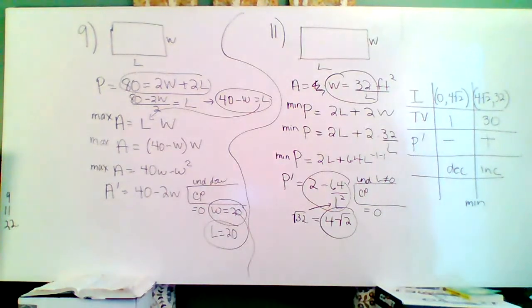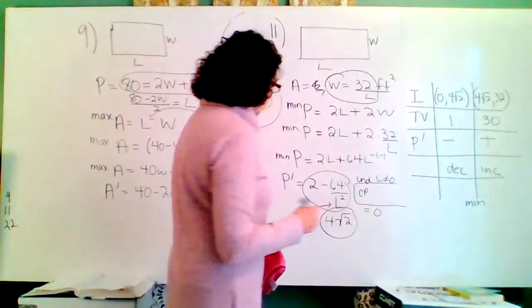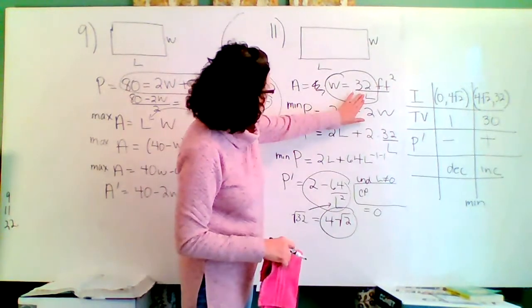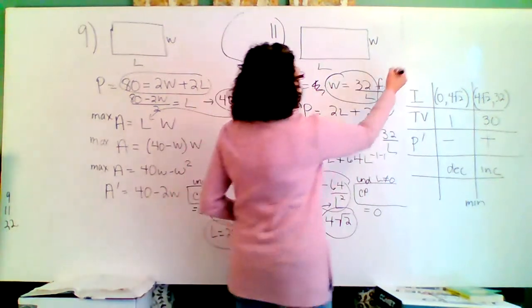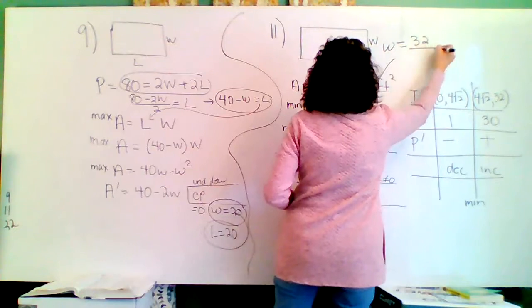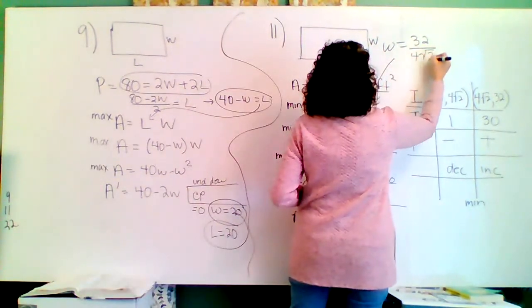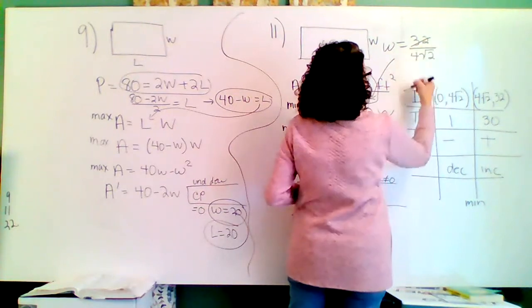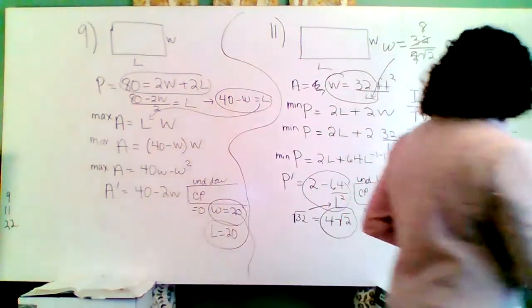Okay. What else did they want from us? They also wanted the width, right? I'm pretty sure this probably came out to be a square. Well, I made a little formula here to get me the width when I have the length. So the width is equal to 32 divided by 4 square roots of 2. This is 8 over the square root of 2, which is probably correct.